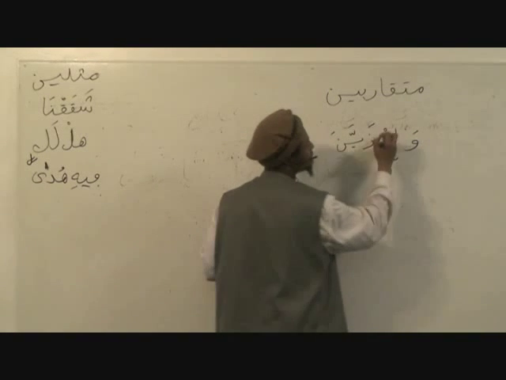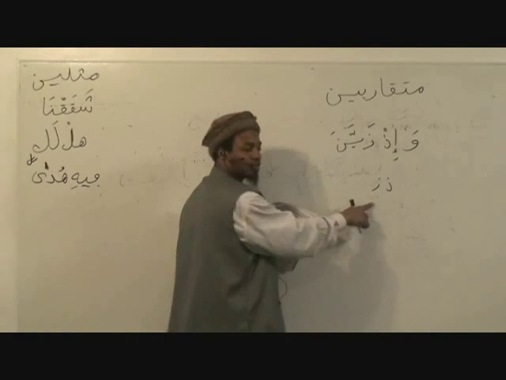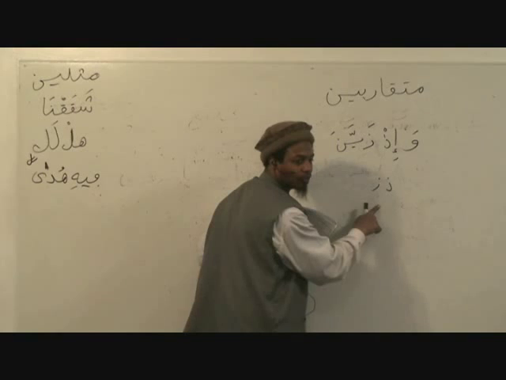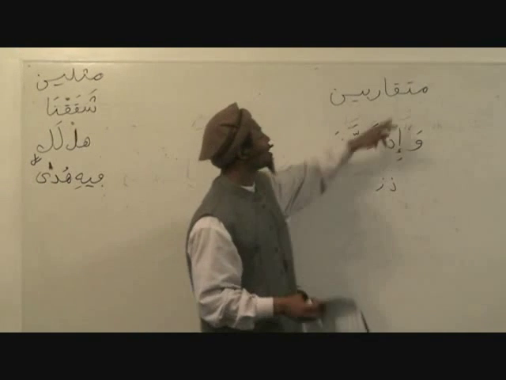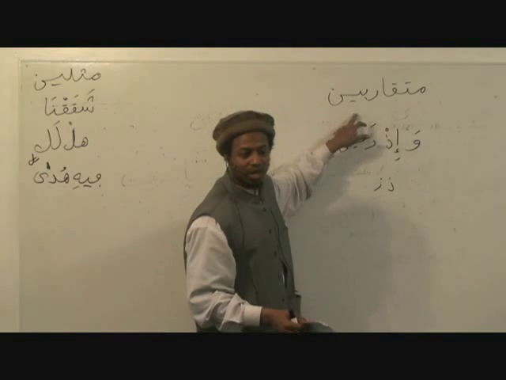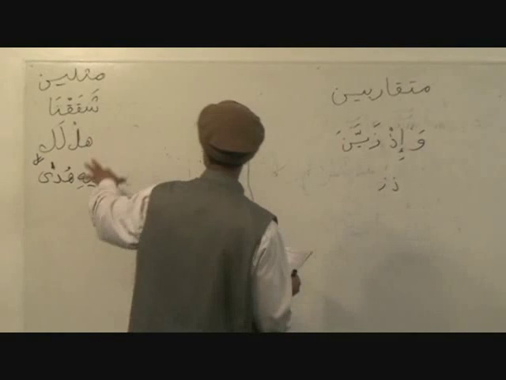So don't you see the dhal here and the zay? They're close in their makhraj and their sifat are similar, so they're mutaqaribaini. Okay? They're mutaqaribaini.